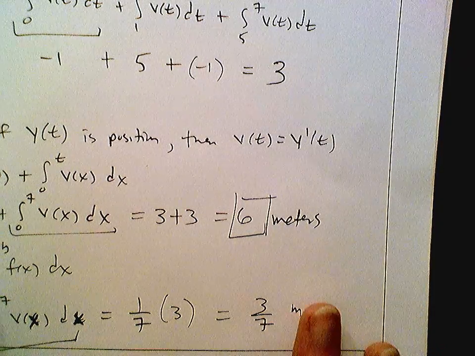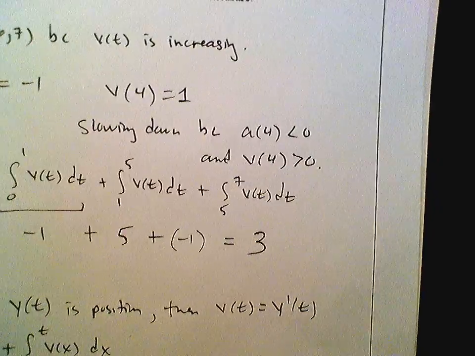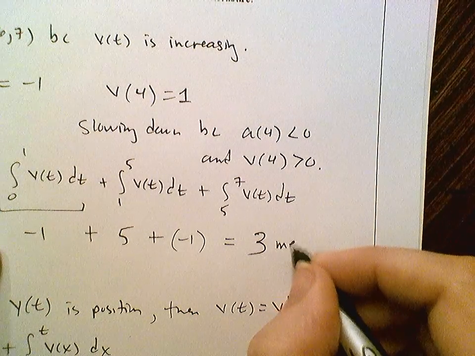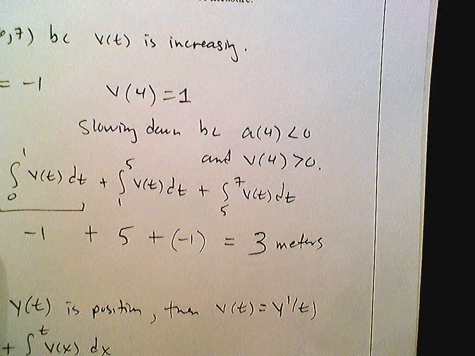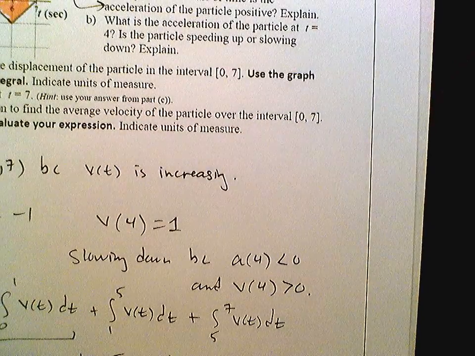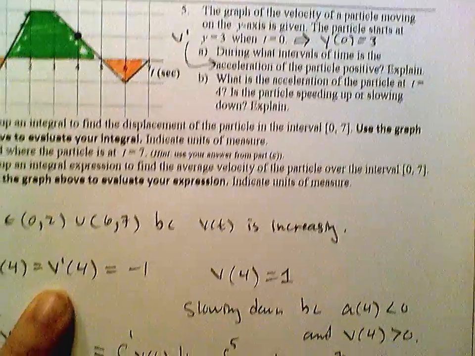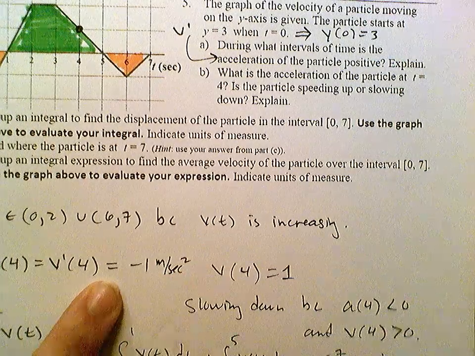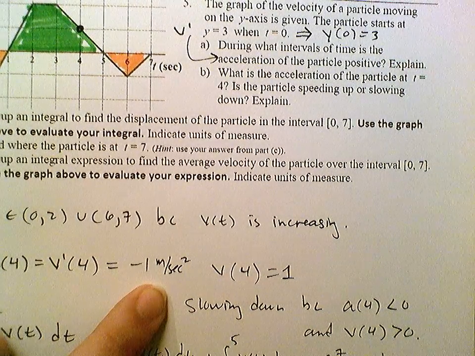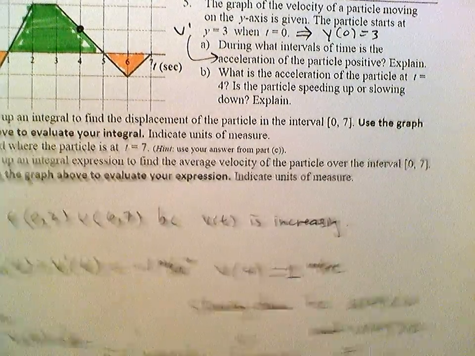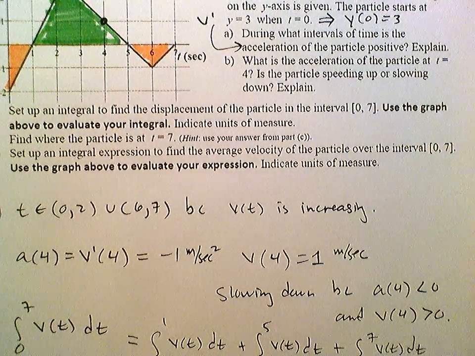So that was D. Part C, this is displacement, so we're 3 meters from our initial position. And then part B, this should have been meters per second squared, or meters per second. And then this is just meters per second because it's velocity.